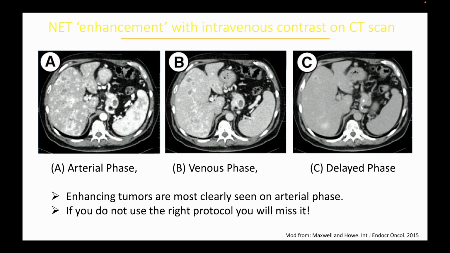This person has a lot of tumor in their liver. If we wait another 60 seconds, it doesn't look like as much tumor at all. And indeed, if we wait for another couple of minutes, it doesn't look like there's any tumor there at all. What I mean to say here is that CT scan is only as good as the protocol that they use.